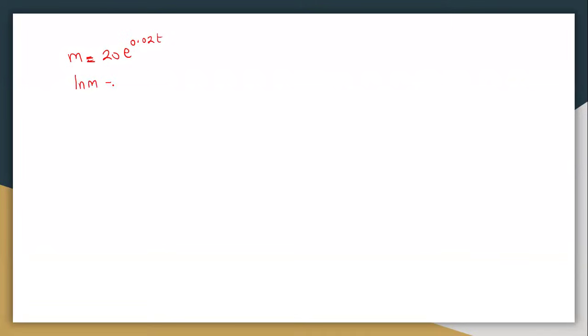So it became ln M is equal to ln of 20 e^(0.02t). So ln M is equal to, I expanded this other side of the equation and it became ln 20 plus ln e^(0.02t).